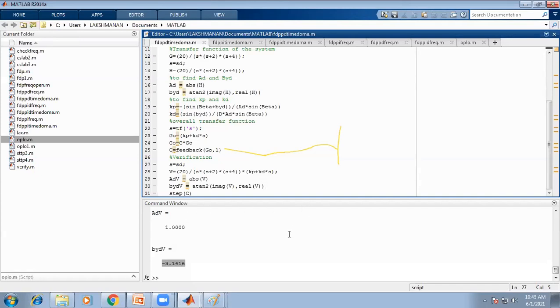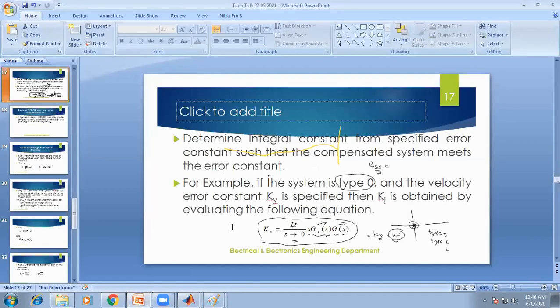So polar to rectangular we will get -1. So the meaning is that G naught of SD, the root locus will pass through the dominant pole. So the design is verified.